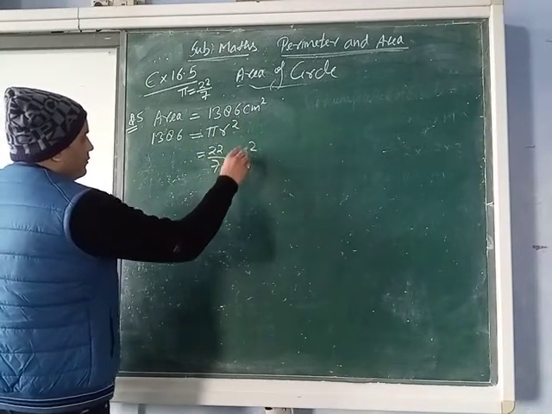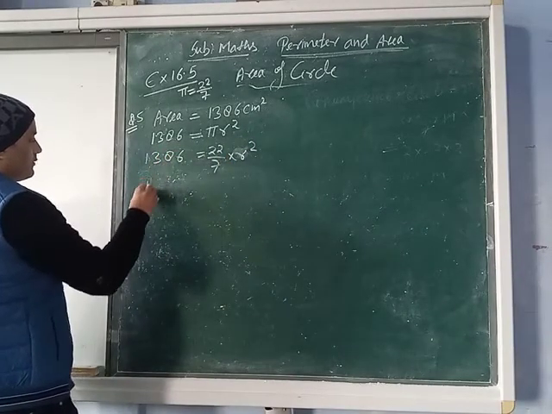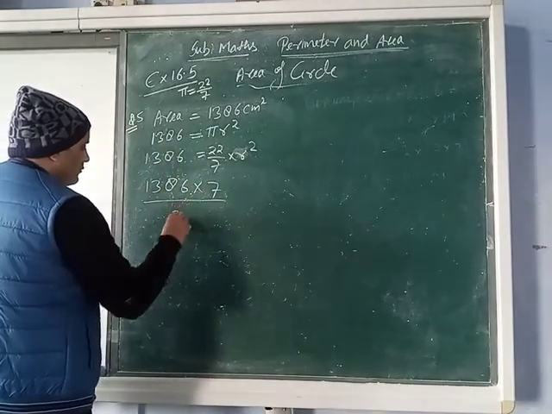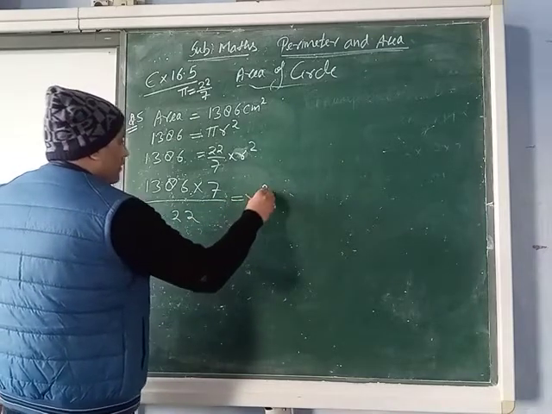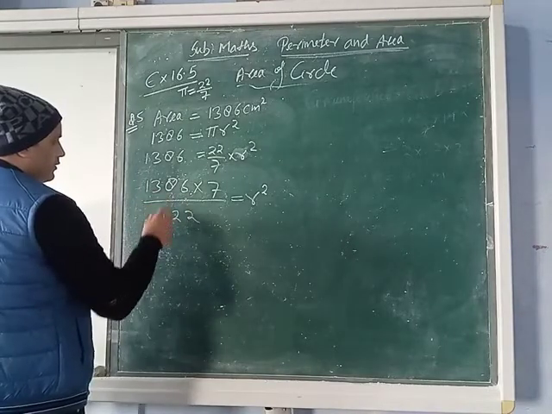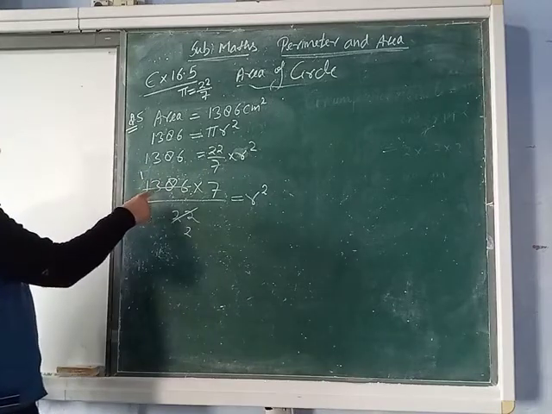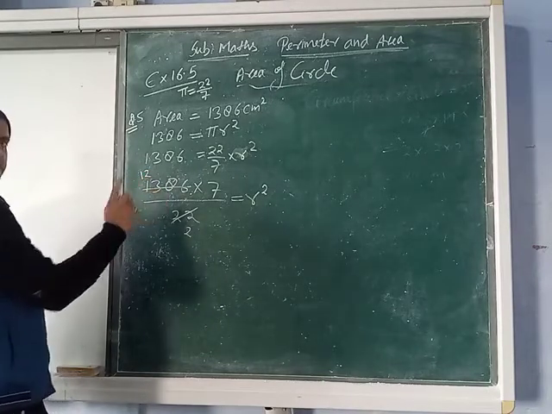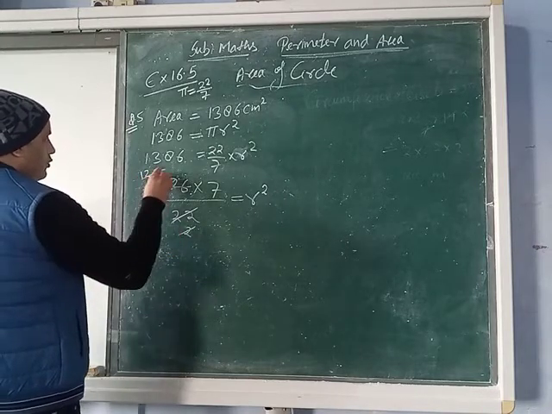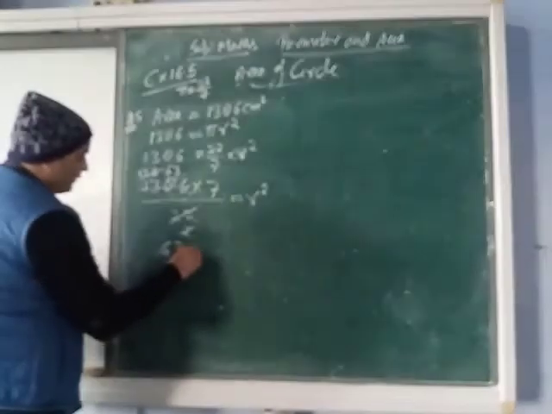Same as we solved the last question. 1386 into 7 upon 22 is r square. 11 twos are 22, 11 twos are 22, then 6 carry, 11 sixes are 66. Again 2 sixes are 12, 2 threes are 6, that is 63.